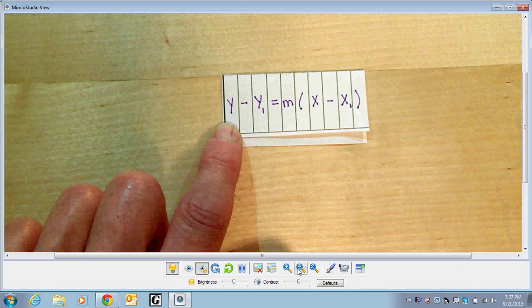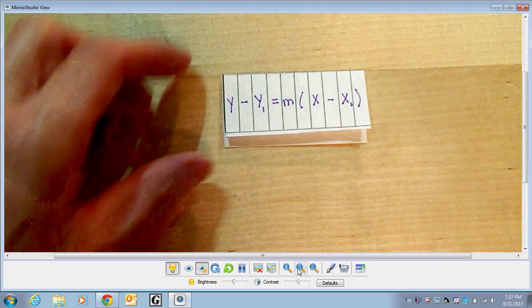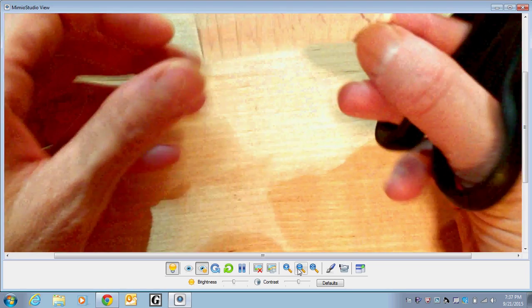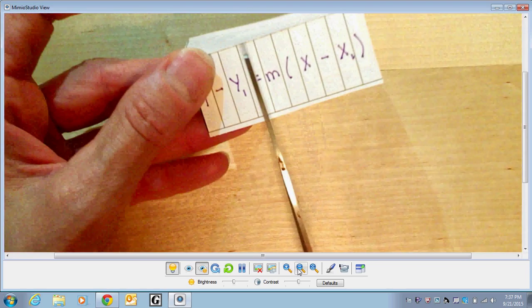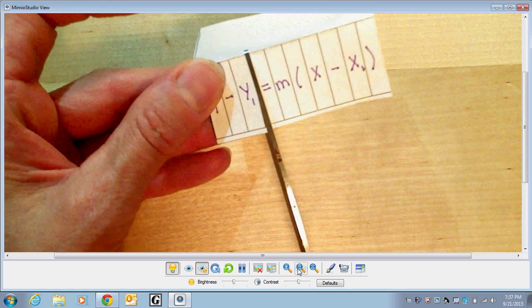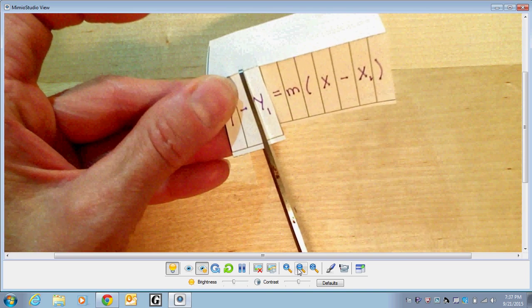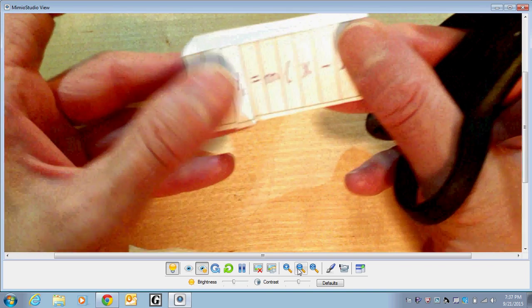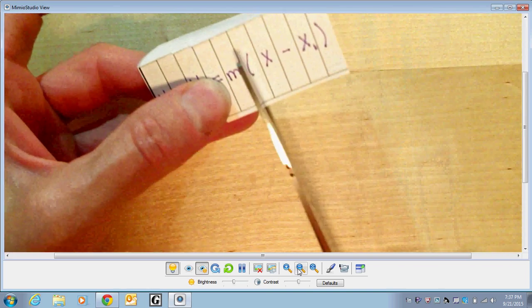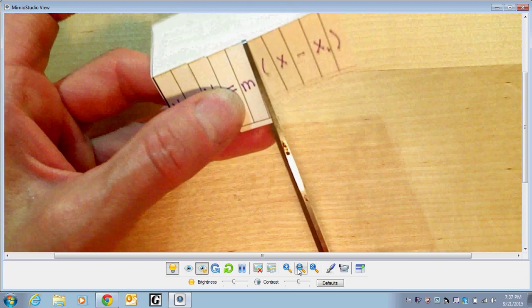So pay close attention to what we're going to cut on this one. We're going to set free, so to speak, the y sub 1. We're going to cut the line on each side of y sub 1. Then I'm going to look at my slope, and I'm going to cut the line to each side of my slope.